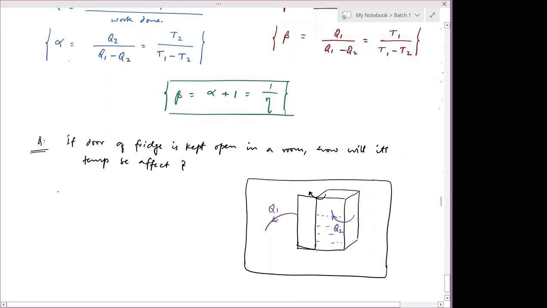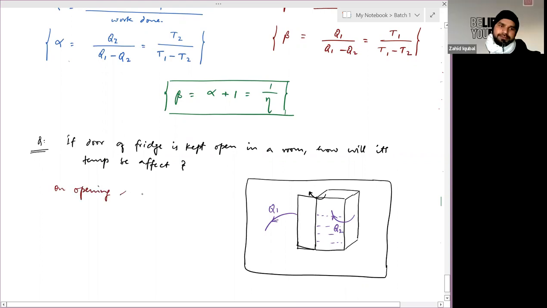So you'll say, on opening the door, the room and cabin will behave as the same system.